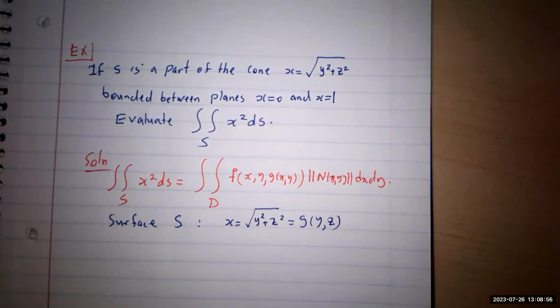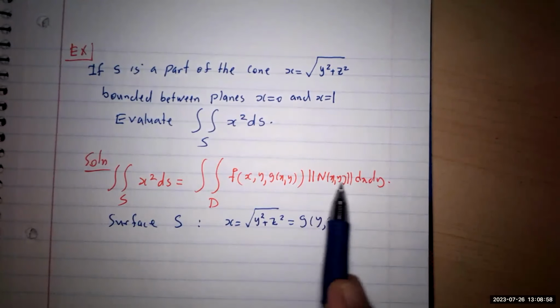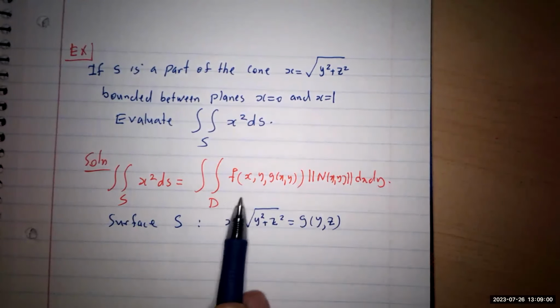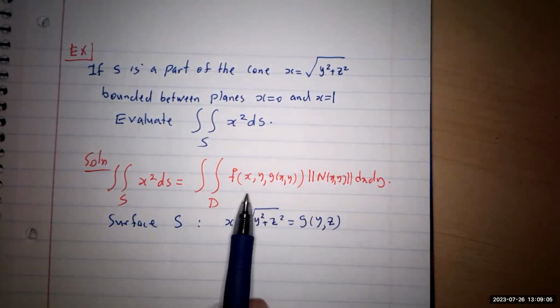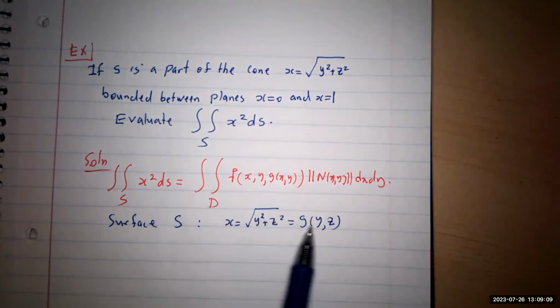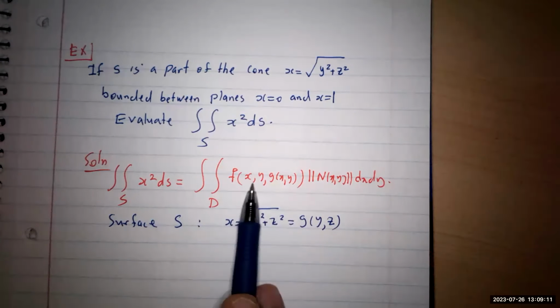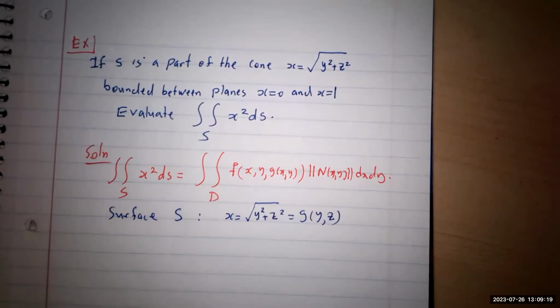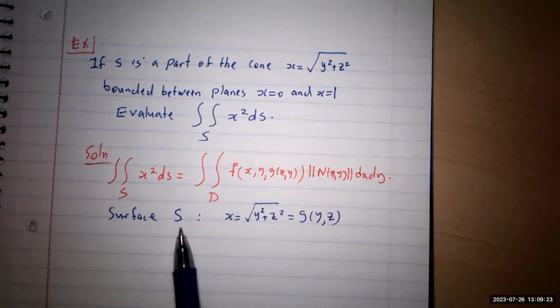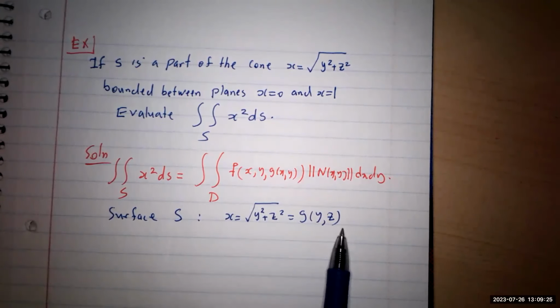So when you write your formula, you change it a little bit because it's going to be g of y and z. So it's going to be f of y, z, g of y and z. It's not important. Let's get the other part first. So this is going to be your function.